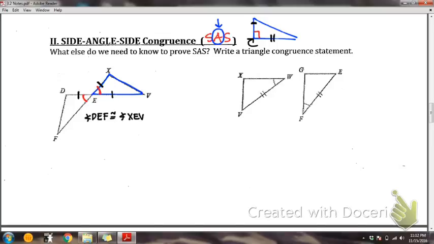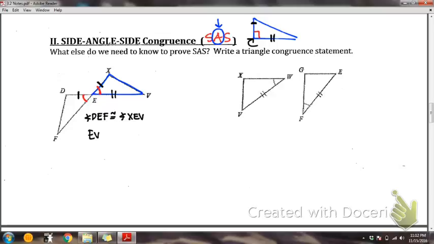If we chose this side over here, isn't X the included angle? X is the angle that's in between them, but that's not the one that I have marked. I've marked angle E to be congruent, which means that I need EV to be one of the congruent sides.